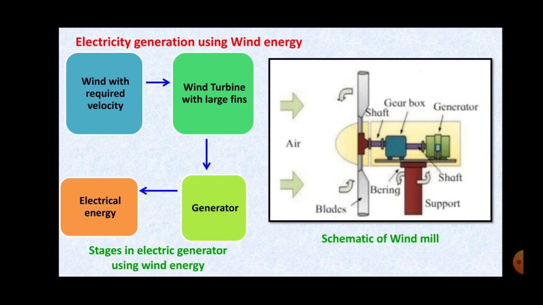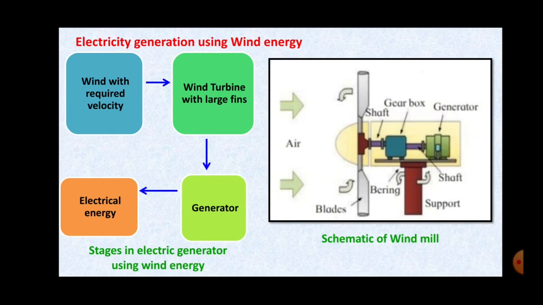The only condition is that wind turbines are to be installed at such a place where the velocity of the wind is very high, and the wind velocity depends upon many geographical factors. Generally the velocity of wind is very high on the seashores, and there the installation of wind turbines is done.